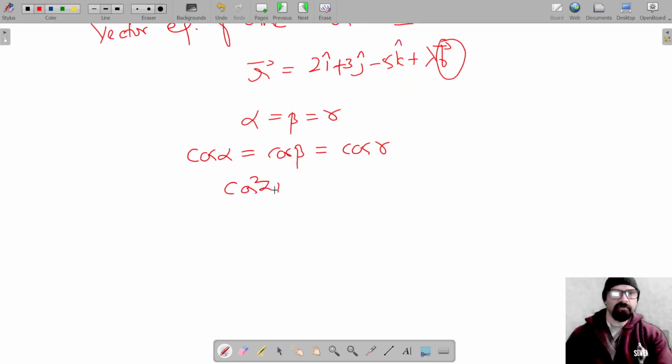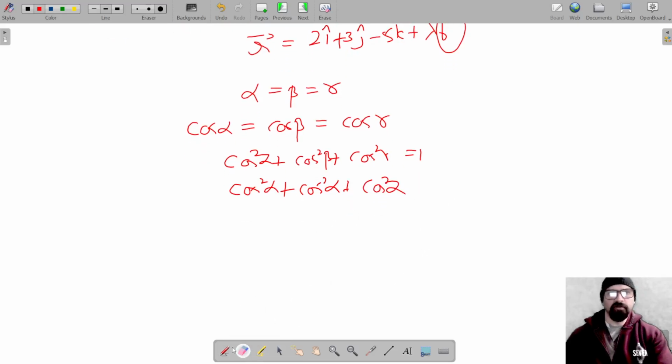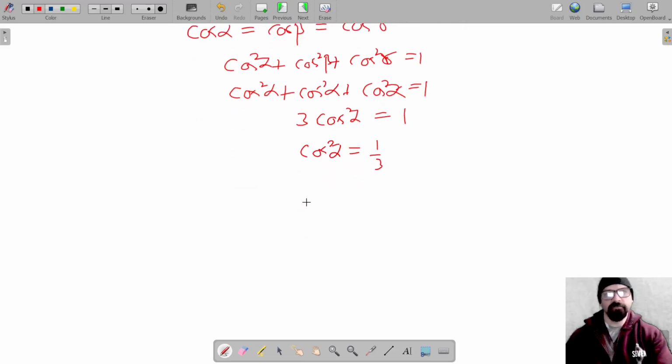And we know that cos square alpha plus cos square beta plus cos square gamma is equal to 1. I can replace all of these with cos square alpha, so this is 3 cos square alpha equal to 1, which gives cos square alpha equal to 1 by 3.